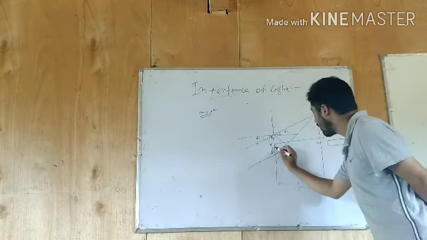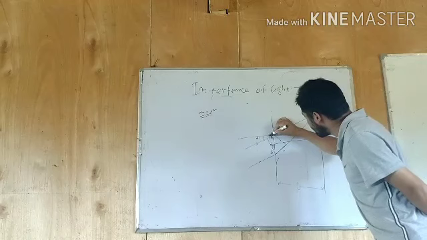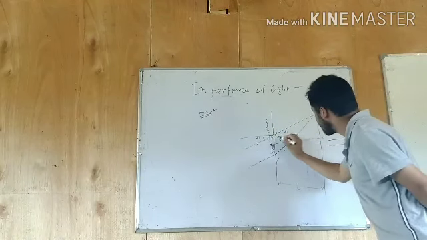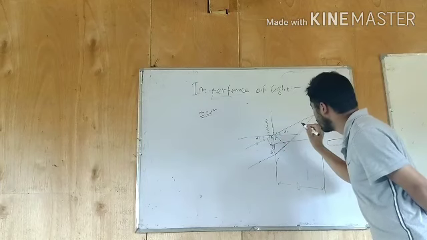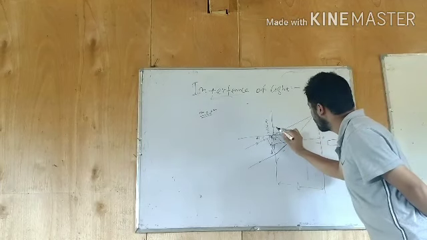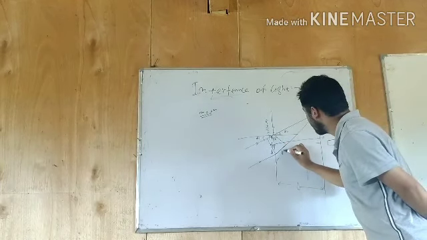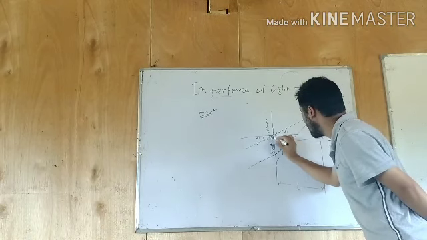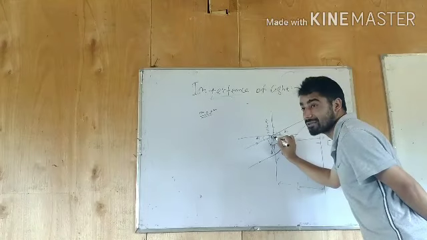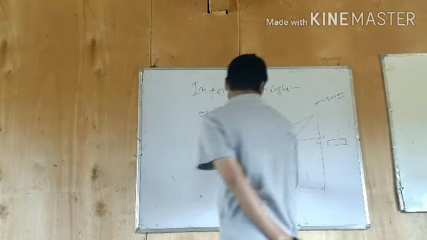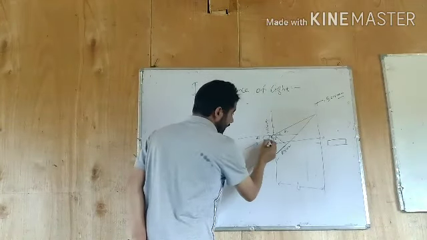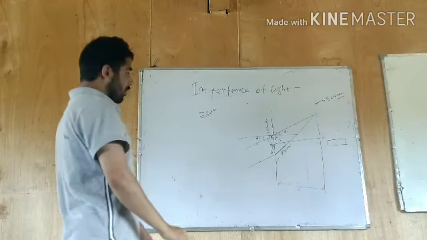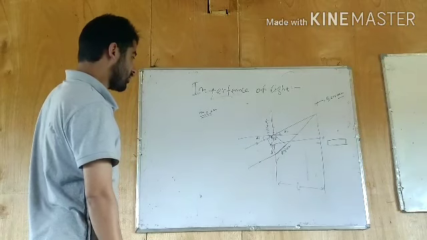If this is theta 1, this must be theta 1 also, then this will be equal to d sine theta 1. If this is theta 2, this must be theta 2 here once more, then this will be equal to d sine theta 2. This is the usual path difference, but I have to subtract this much of path difference from here. Very important thing. When I subtract this path difference, what will I get under this situation?